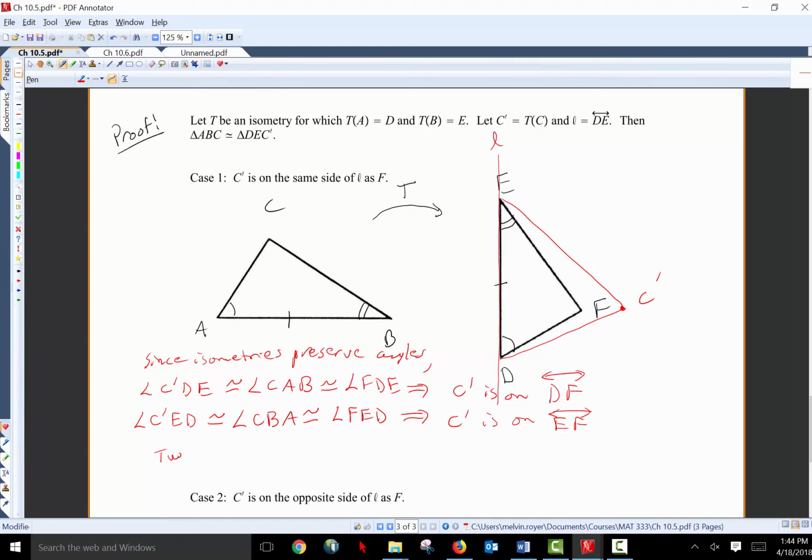So two lines can intersect at most once. So point C prime equals F. And then we have that triangle ABC is congruent to triangle DEF, which was what we were supposed to show.